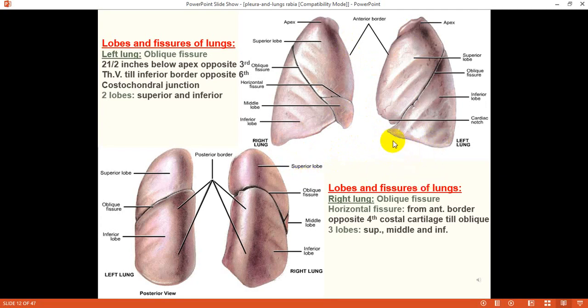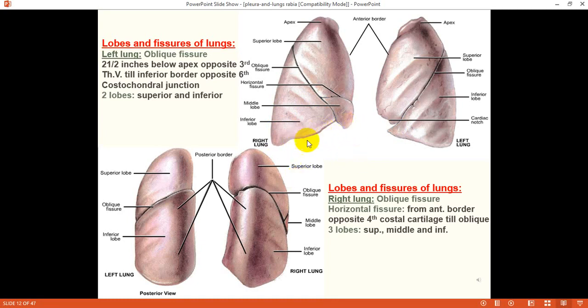As the right dome of the diaphragm is higher because of the large liver underlying it, the concavity of the right lung is deeper than that of the left lung. This surface is separated from the costal and medial surfaces by the sharp inferior border.